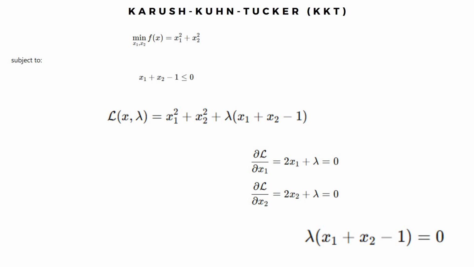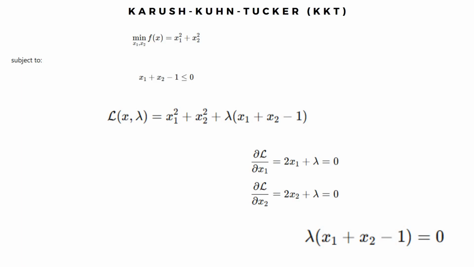But if the constraint is active, meaning x1 plus x2 minus 1 equals 0, then lambda can take a non-negative value. This ensures that the Lagrange multiplier only applies when the constraint is actually affecting the solution.